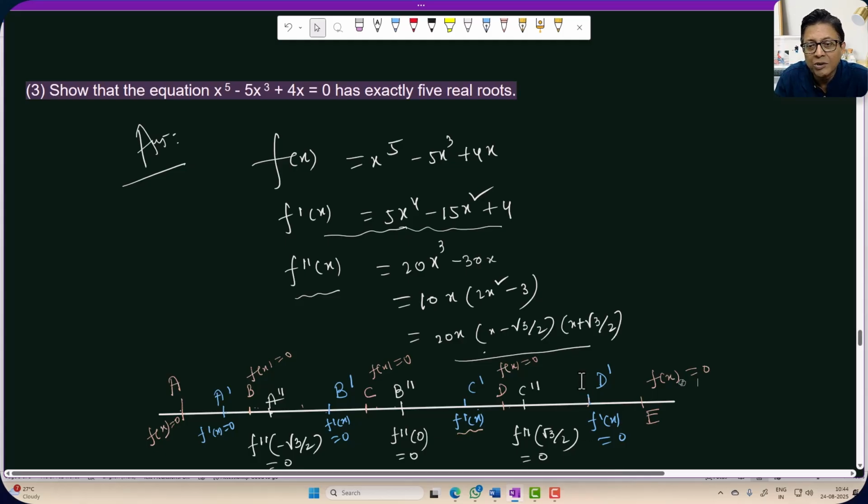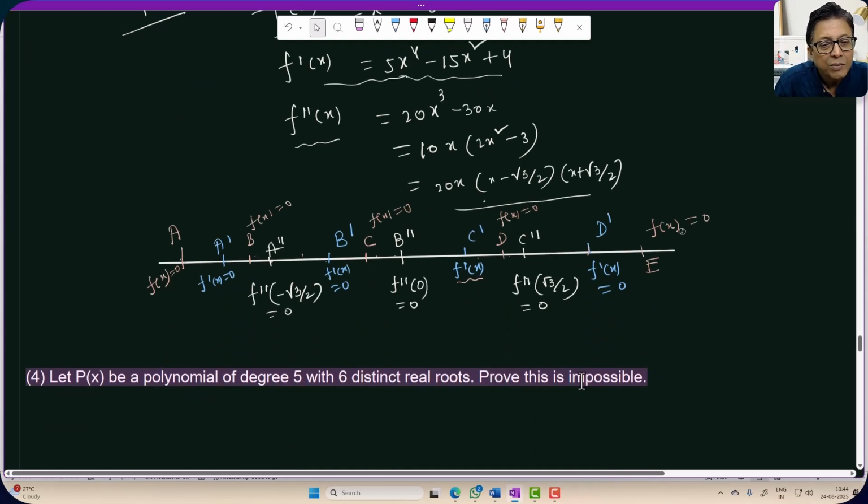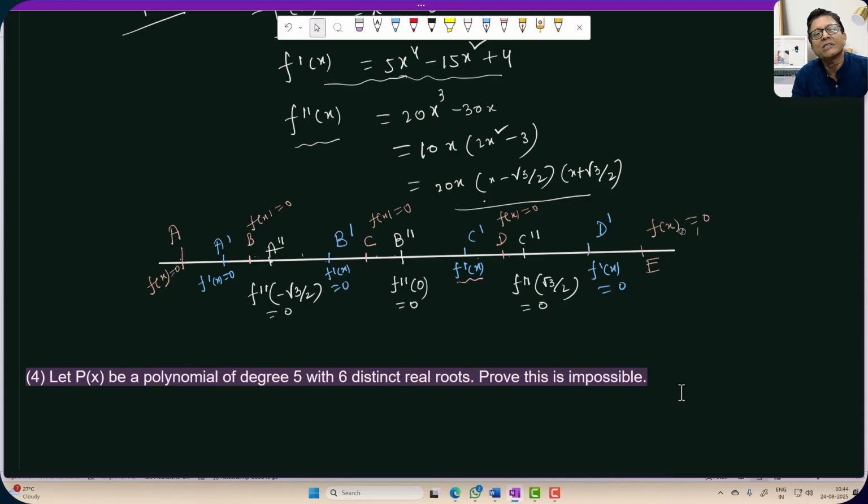Hope you have understood. Now this one you have already done the concept. Create a polynomial of degree 5 with 6 different real roots. Prove that this is impossible. I am not going to state this one now. You prove it. Take this as your homework. Okay?